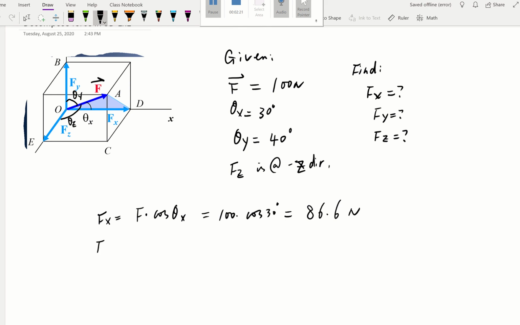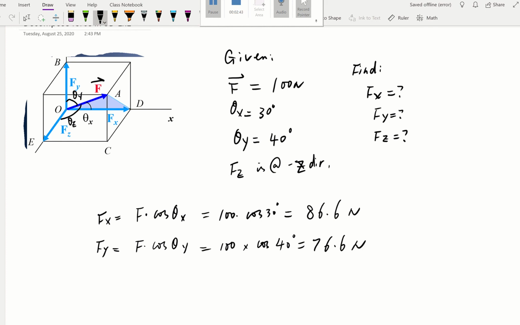Then we'll be able to find Fy. It's equal to F times cosine theta y, 100 Newton times cosine 40 degrees. We have an answer of 76.6 Newton.